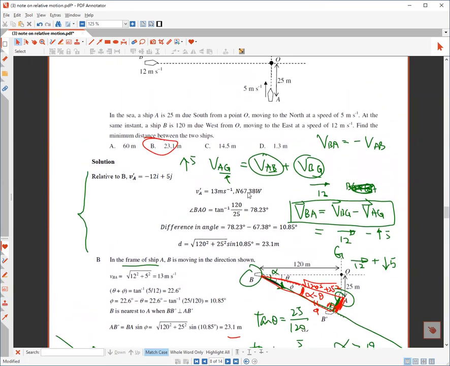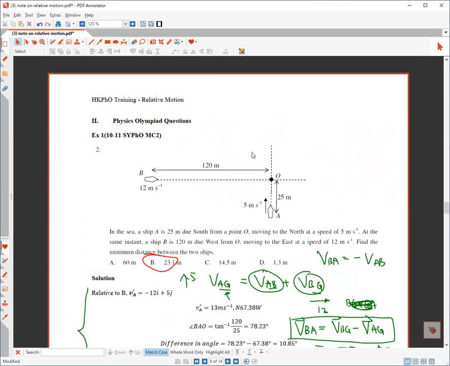So in this question, I will say it like this. We'll deal with a few questions. We are dealing with the relative motion of two objects with constant velocity. Both of them are moving at constant velocity, that means the angle does not change during the motion.